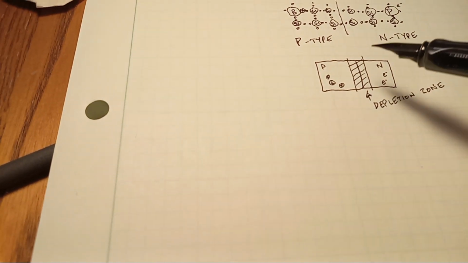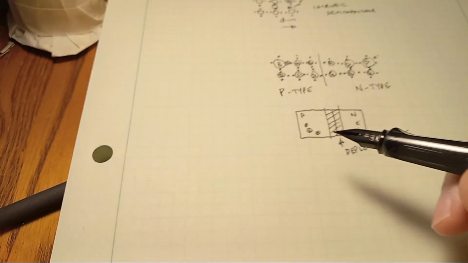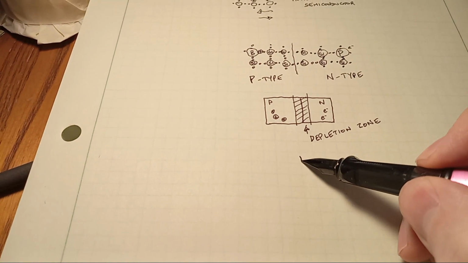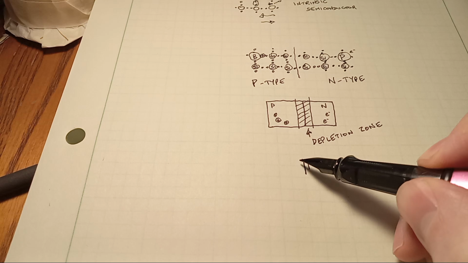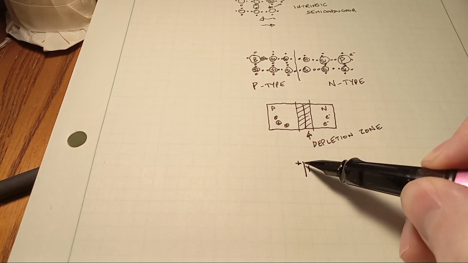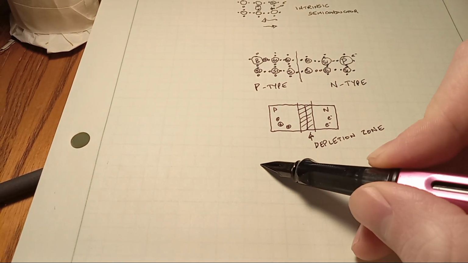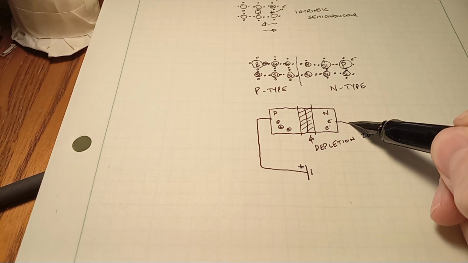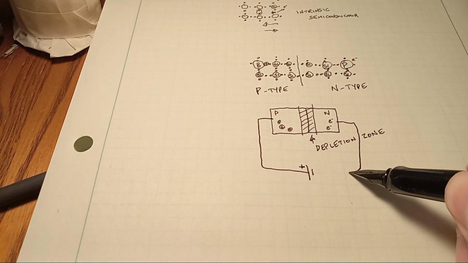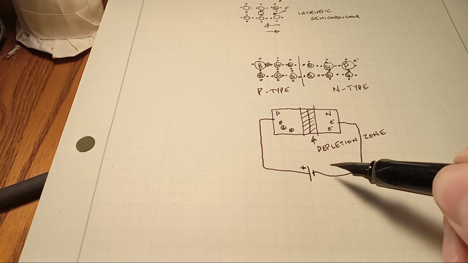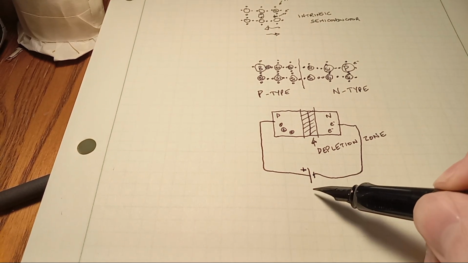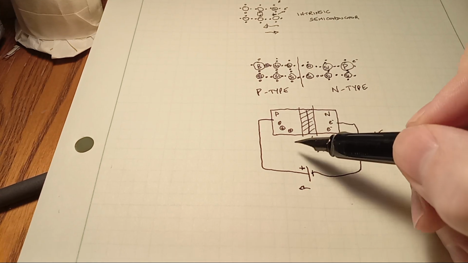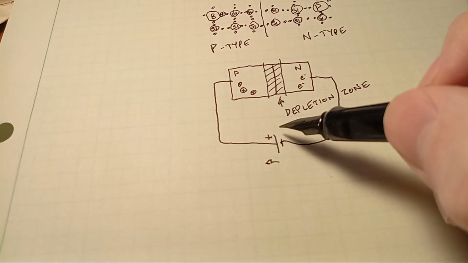Now the really interesting thing is what happens if you apply an external voltage. Suppose we put a cell from a battery in connection with this. Now, conventional current will tend to flow this way, but for this we're going to look electrostatically.